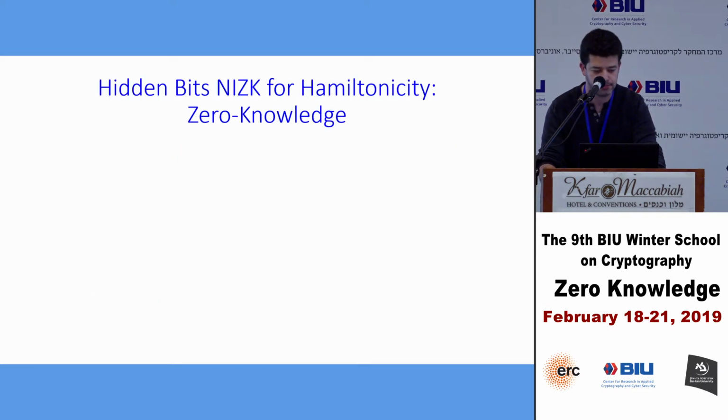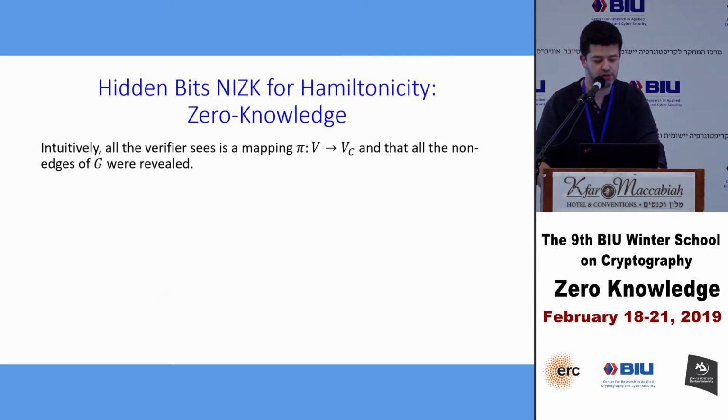Okay. What about zero knowledge? Well, just on the intuitive level, what does the verifier even see? He sees this mapping from the vertices of V to the vertices of the cycle, and he sees that all of the non-edges of G were revealed inside the cycle, or rather, the mapping of the non-edges was revealed.